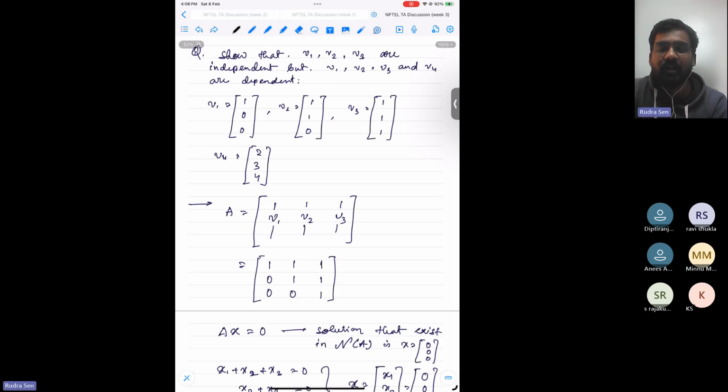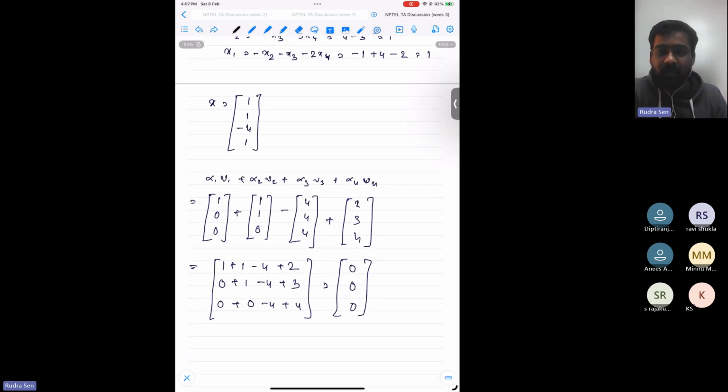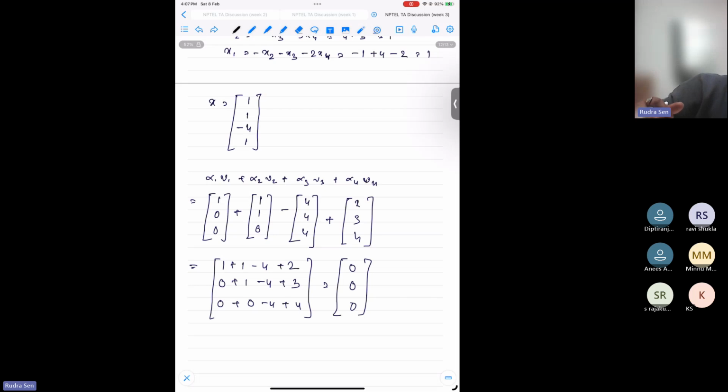The maximum number of linearly independent vectors in R3 is three. So only V1, V2, V3 are linearly independent, but if we add V4 to this system, we'll get a linearly dependent set. I hope this is clear to everyone, linearly independent and linearly dependent. Is it clear to everyone? Yes, sir.